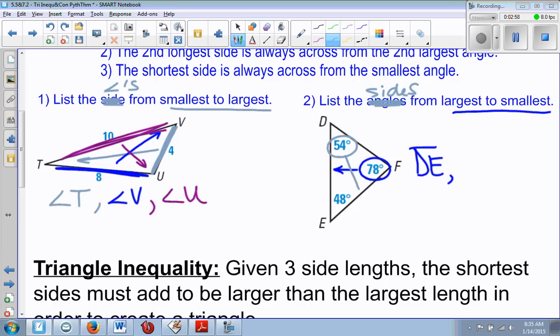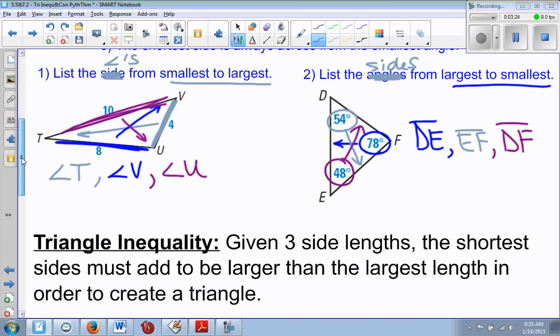The side directly across from it would be the side length from E to F. And then the last one, the smallest angle, is 48. Directly across from that angle is the side length DF. So there are my side lengths listed from largest to smallest, completely based off of the fact that I can list the angles across from those side lengths from largest to smallest.